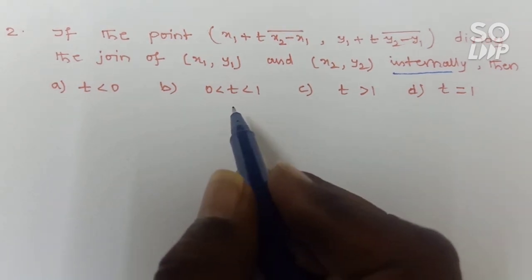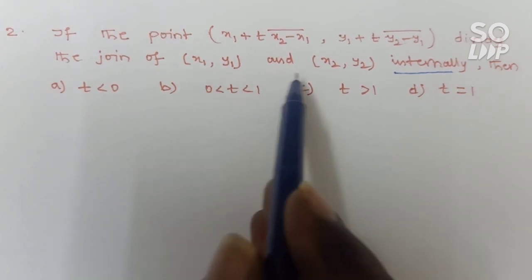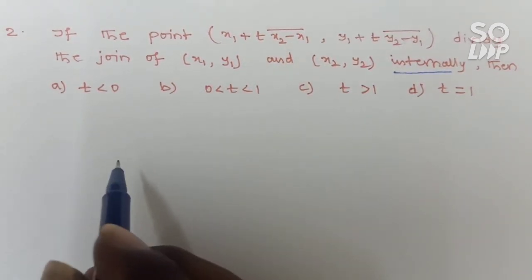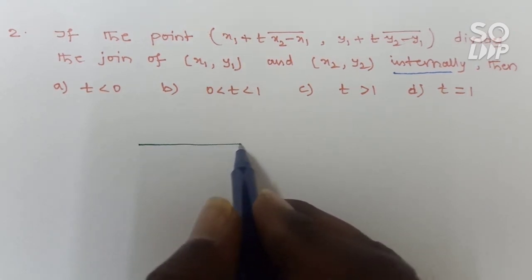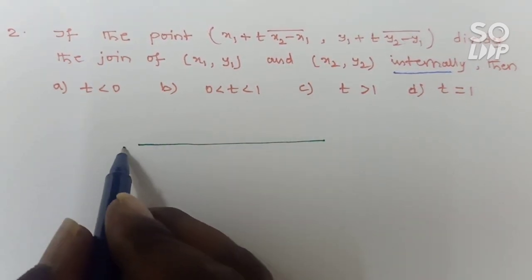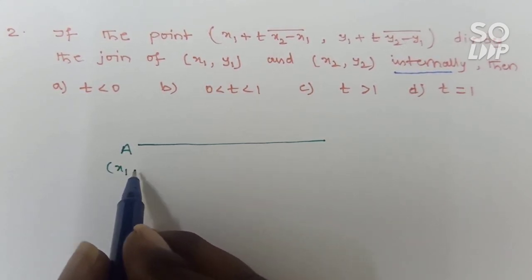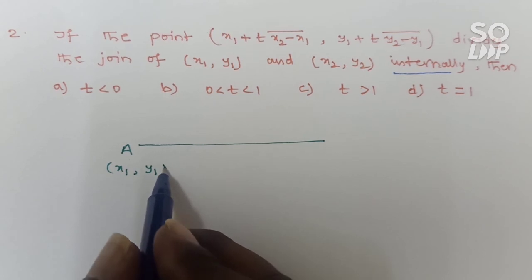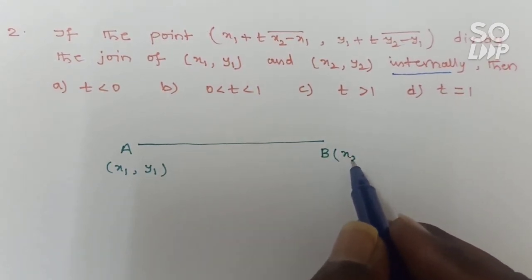So first of all you find out which point divides this one. Here you take this point, you draw a line. This one is A, which is x1 comma y1, and point B is x2 comma y2.